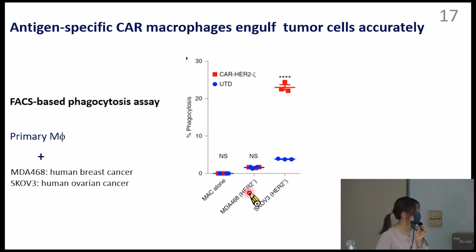If the tumor cell cannot express HER2, the phagocytosis ability of the CAR macrophage and the control macrophage is very similar. But if they co-culture with tumor cells that overexpress HER2, the CAR macrophage can specifically recognize this kind of tumor cell, and so the phagocytosis ability is very great. Okay.